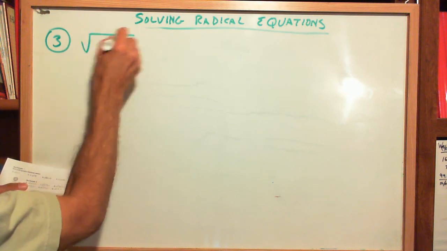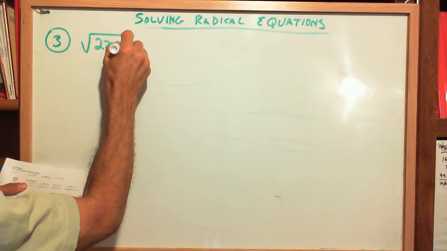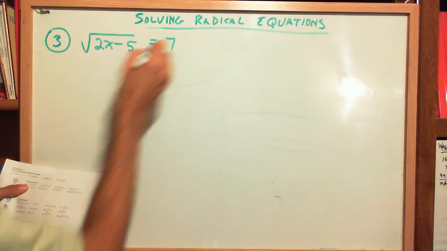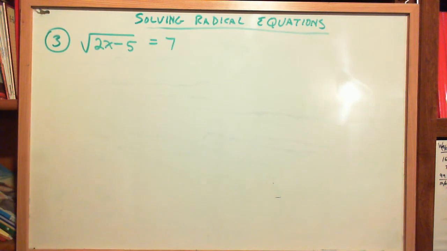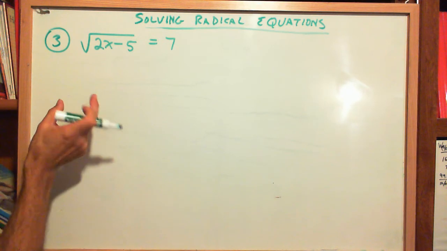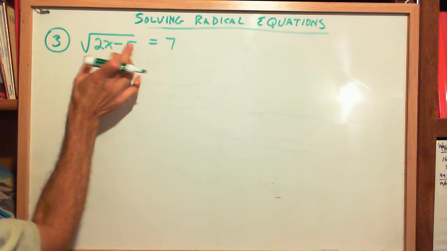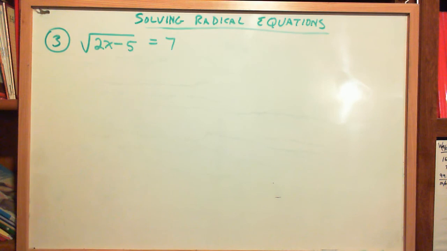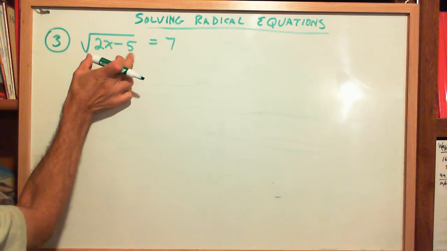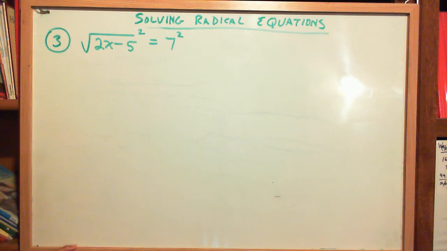The square root of 2x minus 5 is equal to 7. Well, is this radical isolated on this side? Actually it is. That's the only thing. It's the radical, and everything on that side is underneath that radical sign. So that is isolated. As long as it's isolated, I can square both sides.